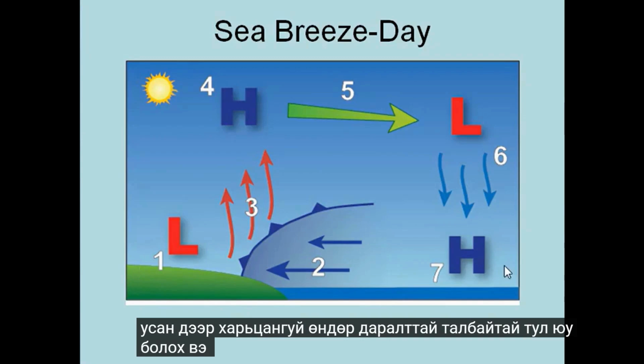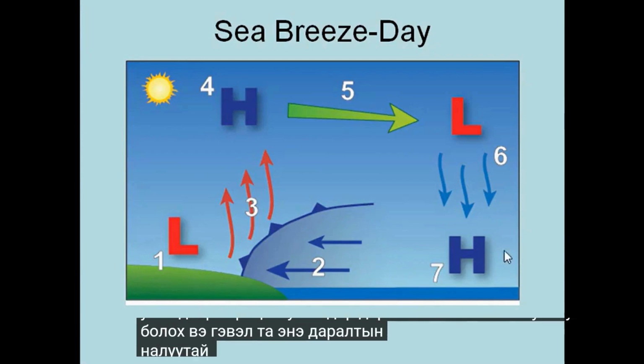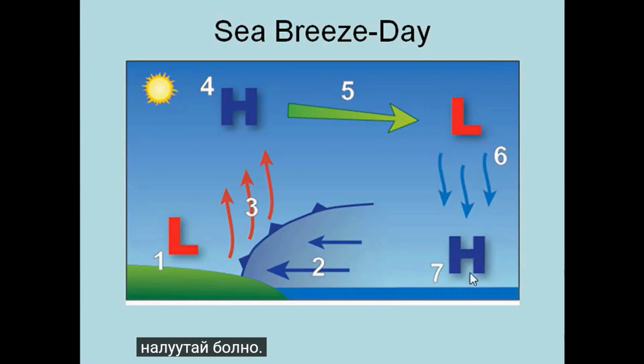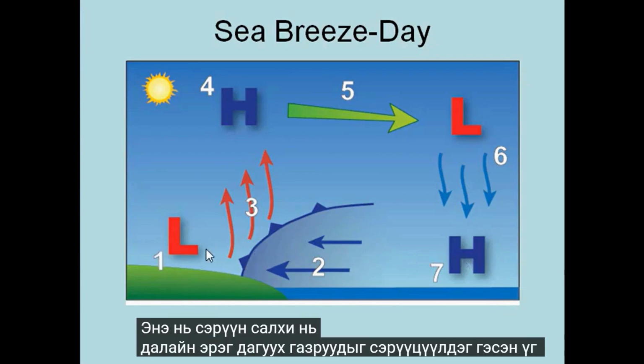You have this pressure gradient that results from the air being cooler and more dense, and therefore the air over the water is cooler and features higher pressure. So that means that the cooler wind cools locations along the coastline.